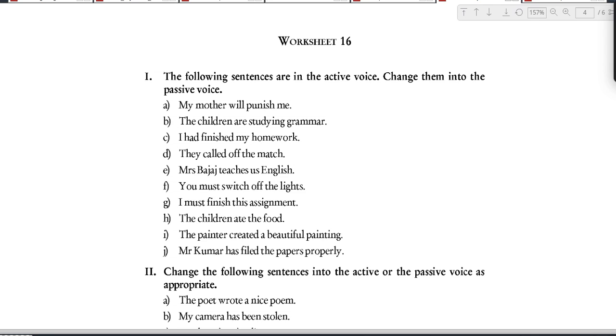The match was called off by them. Mrs. Bajaj teaches us English. Our English is taught by Mrs. Bajaj.